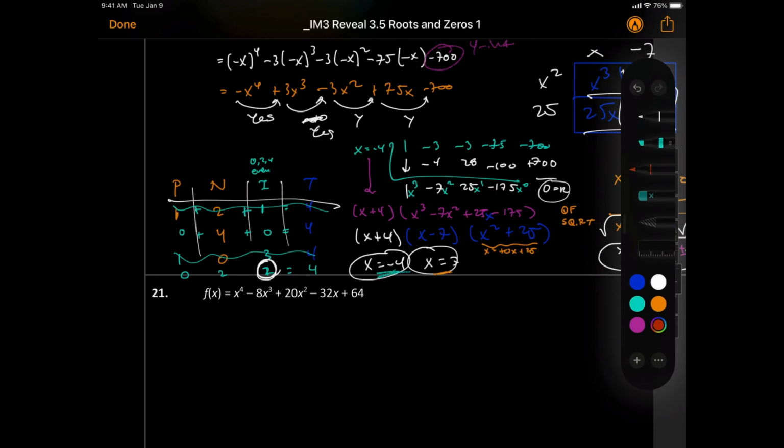Negative 700, negative 4, 7, 5, negative 5. Well, I guess we could have gone 1, 1, which we did, and 2. So the only thing I make sure is the imaginary is going zeros.